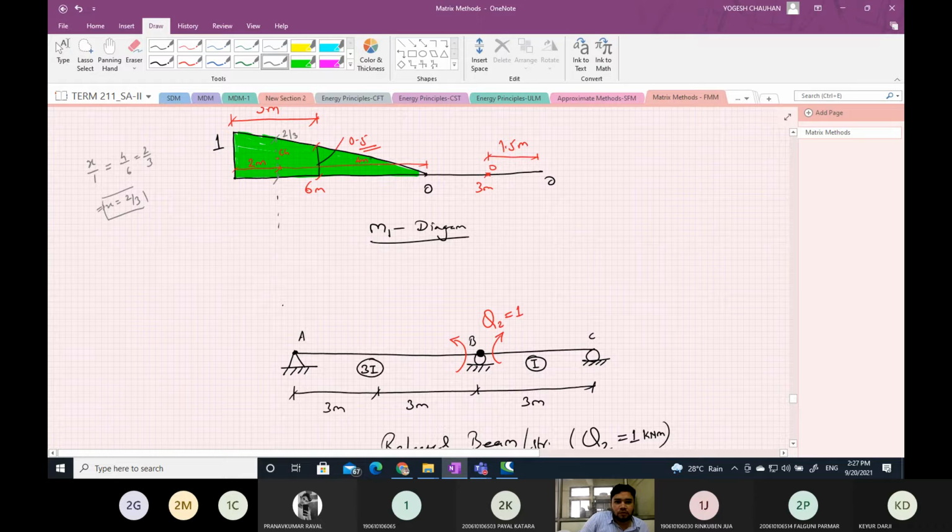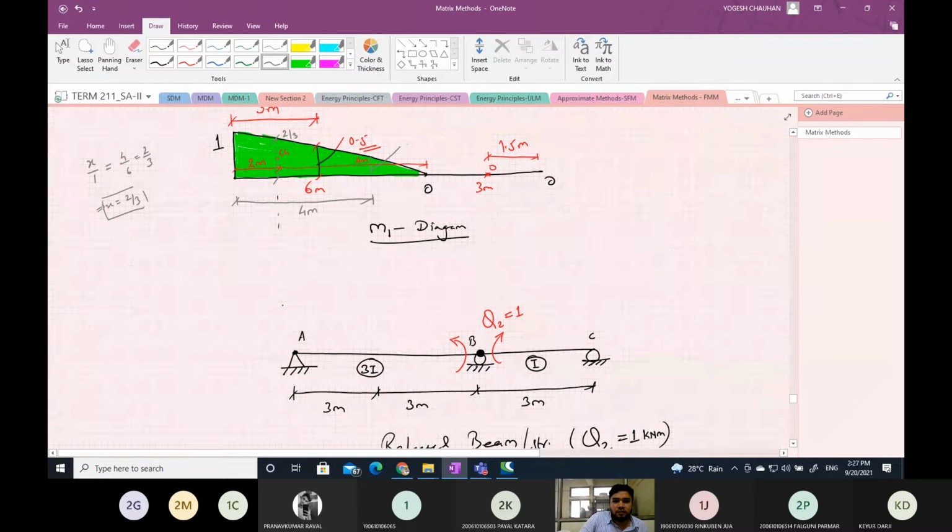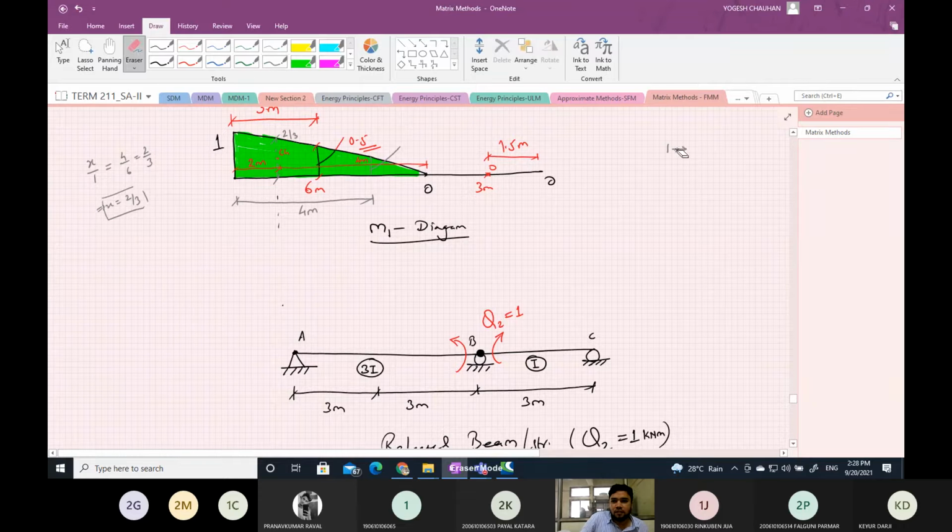So let us say this is the 4 meter distance. So the ordinate corresponding to this will be, see, in 6 meter it is 1. Okay, 6 meter the ordinate is 1.